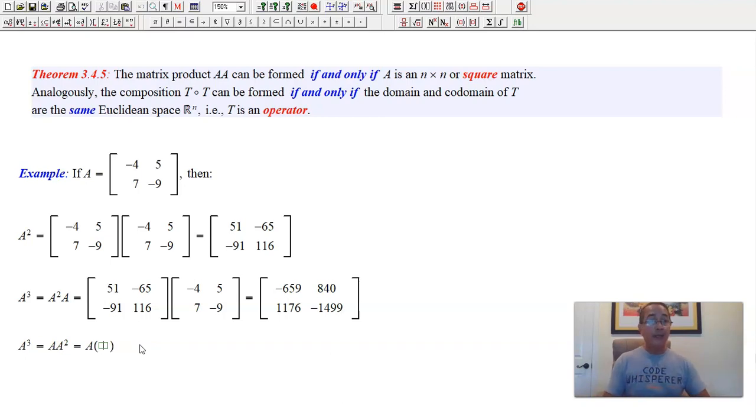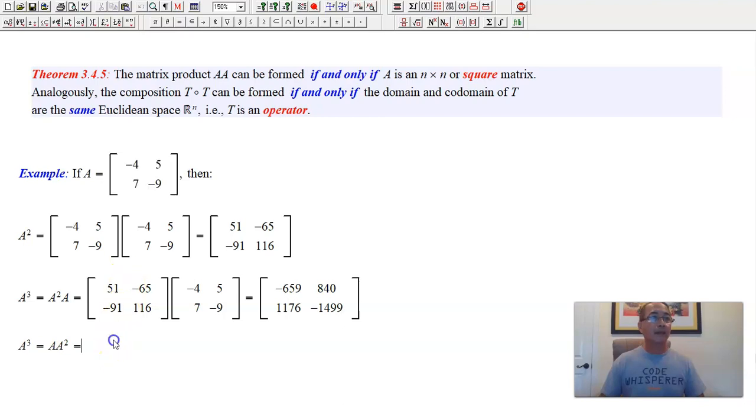It would be the same as taking A and then multiplying to A squared, which is A times A. Oh, but wait a minute. We have the associative property. So it's like ABC, except it's AAA. So associativity says it will be the same as AA times A, which is A squared times A. Of course, we might as well show that we will get exactly the same answer.